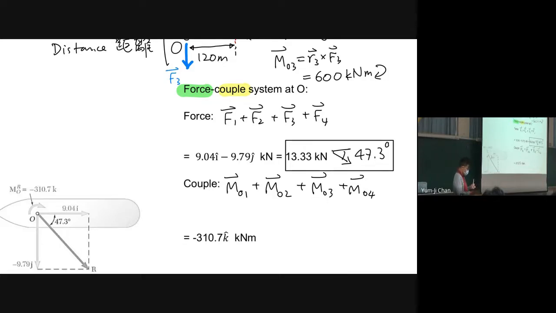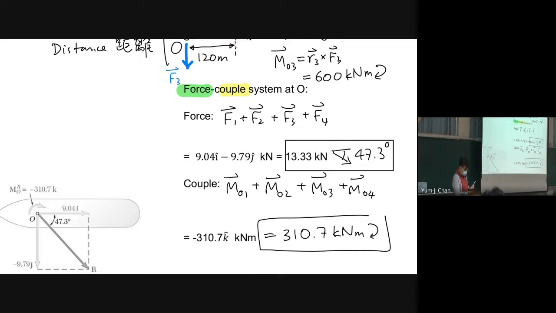Now it is equal to minus 310 kilonewton meter, or you can write it in this way. It's up to you.